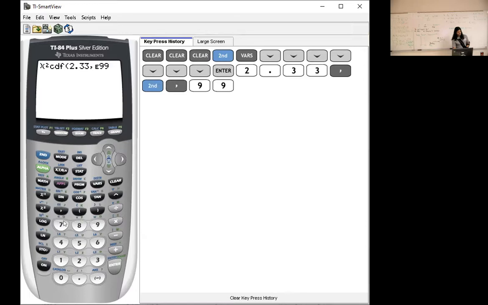Infinity, so 2nd comma, followed by 99, you get E99. What do you think the last argument should be? For normal CDF, it was 0, 1. What do we need for a chi-squared? The degrees of freedom, 2. 0.3119. Good.